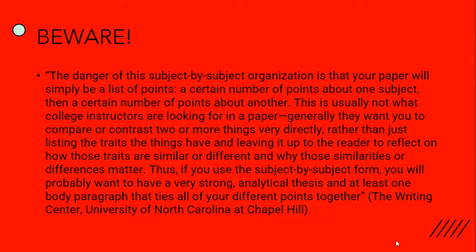Right? That's usually not what college instructors are looking for in a paper. Generally, what they want is for you to compare or contrast more things very directly, rather than just listing the traits that things have and leaving it up to the reader to reflect on how those traits are similar or different and why those similarities or differences matter, right?